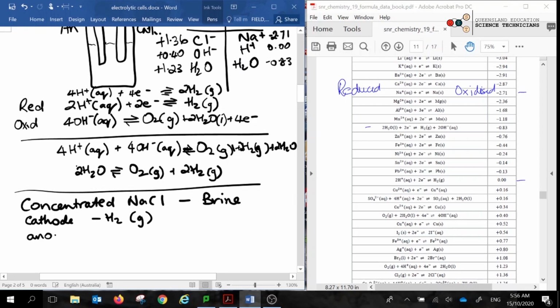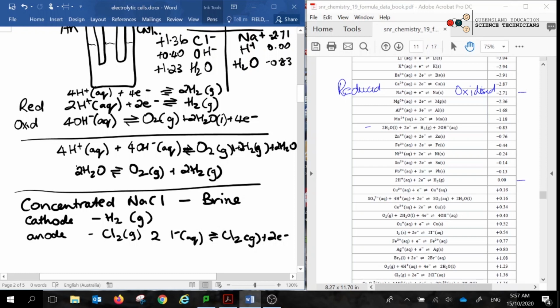So at the anode, I'll produce my chlorine gas, because there was only a very small difference here, and therefore the equation there is going to be my chloride ions will produce chlorine gas and 2 electrons, and I'll still produce my hydrogen gas here.